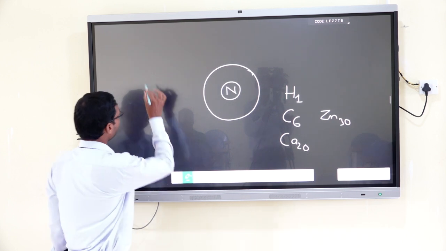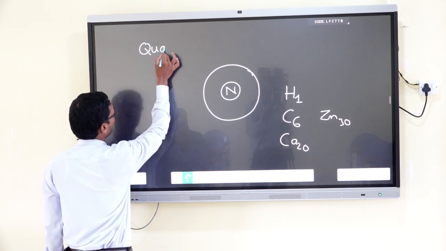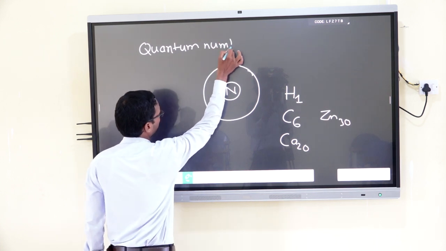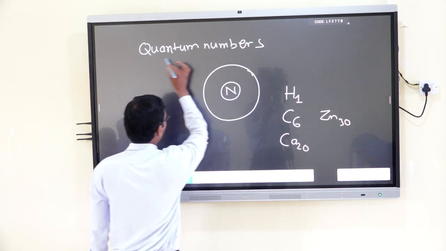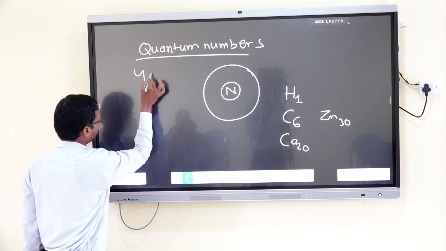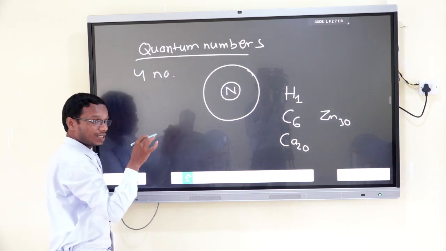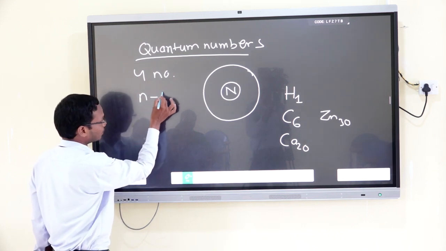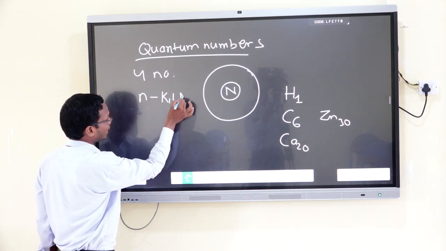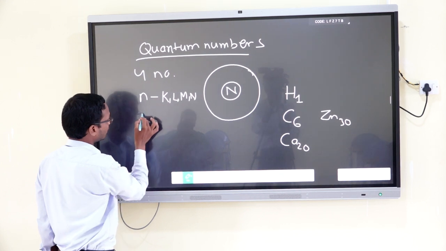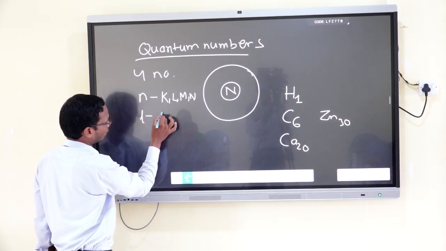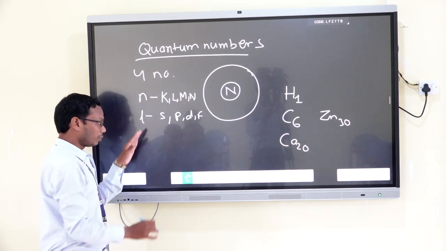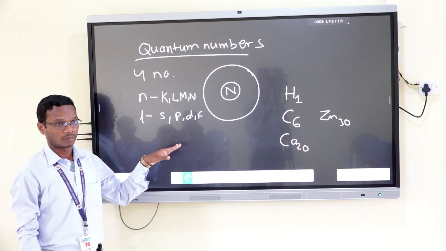As you know previously, quantum numbers. What is the topic? Quantum numbers. Previously you know that quantum numbers are a set of 4 numbers which address the electron. The first one is n, the principal quantum number, K, L, M, N. The second one is the azimuthal quantum number, s, p, d, f, then the magnetic quantum number and the spin quantum number.